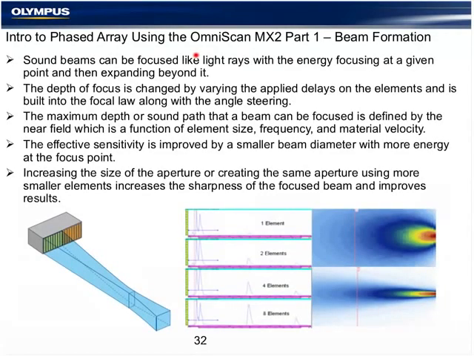Our beam formation is also affected by our ability to focus. This is relative to the near field that we'll explain shortly, but it's mostly affected by the number of elements available in the instrument, the number of elements available in the probe, and the number of elements we program in the probe for the beam.